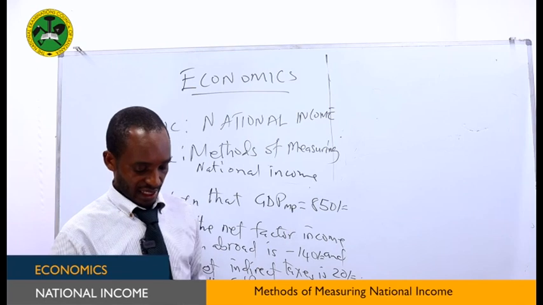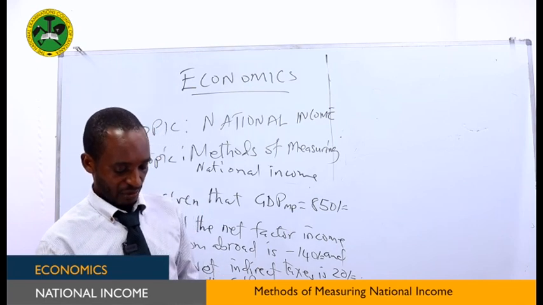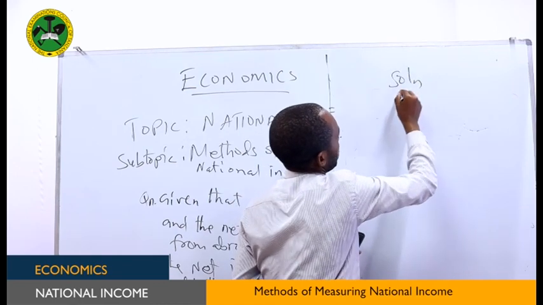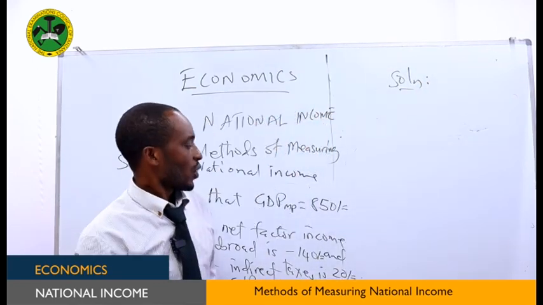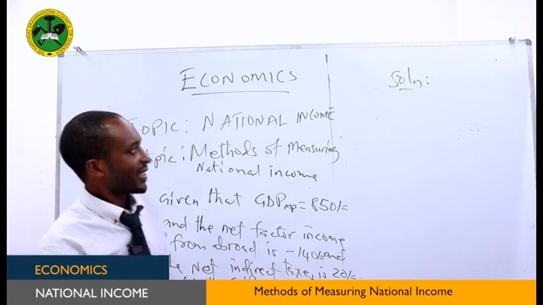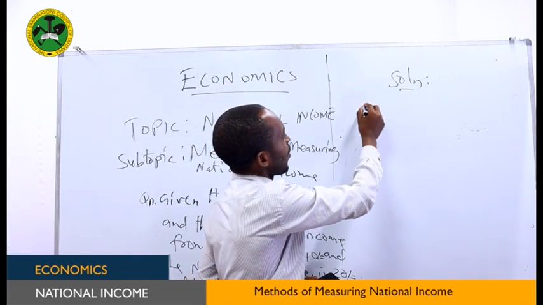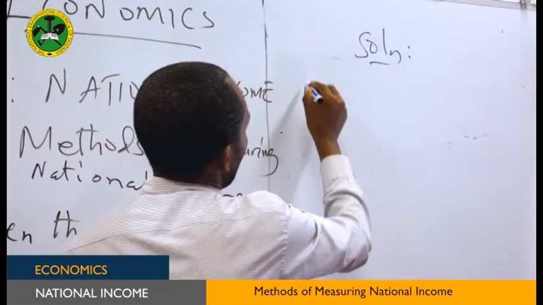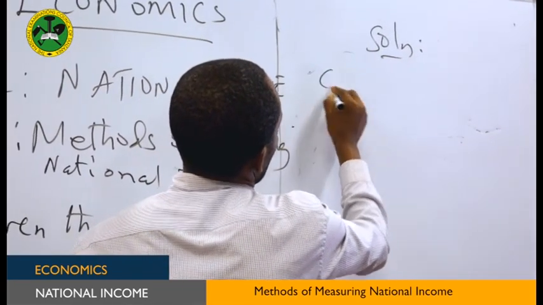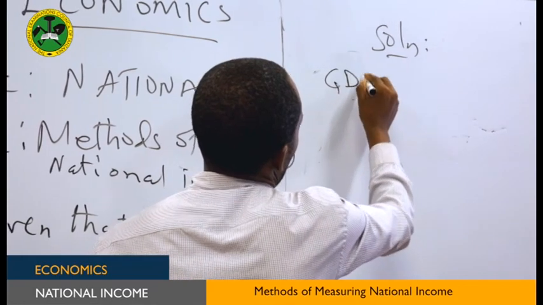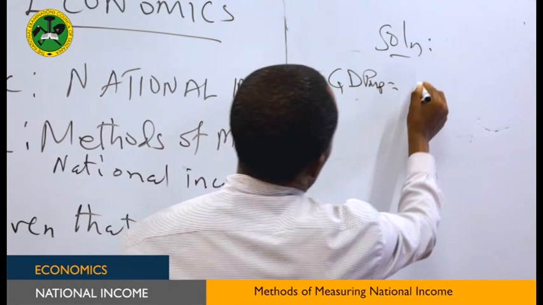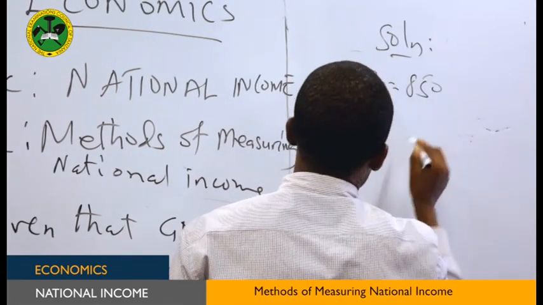Okay, now let us respond to the question. The solution, we know that the information we are given is GDP at market price equals 850.